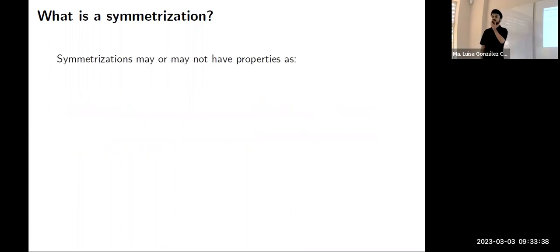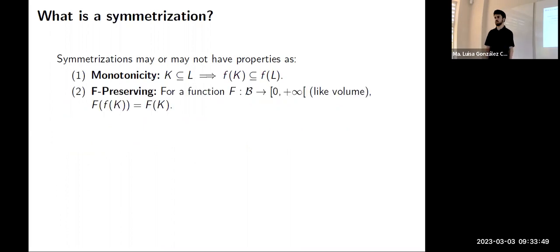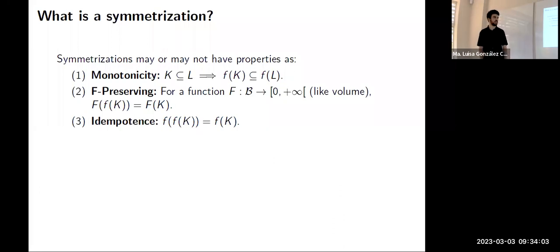There are many properties that a symmetrization might or might not have, such as monotonicity, which means that it preserves set inclusions. It might be F-preserving, which means that for some function F of interest, which goes from the class B to [0, infinity), like for example volume, F maps the symmetral to the same value as the set K. We might also have idempotence, which means that if you apply this function 2 times, you get the same as applying it 1 time.